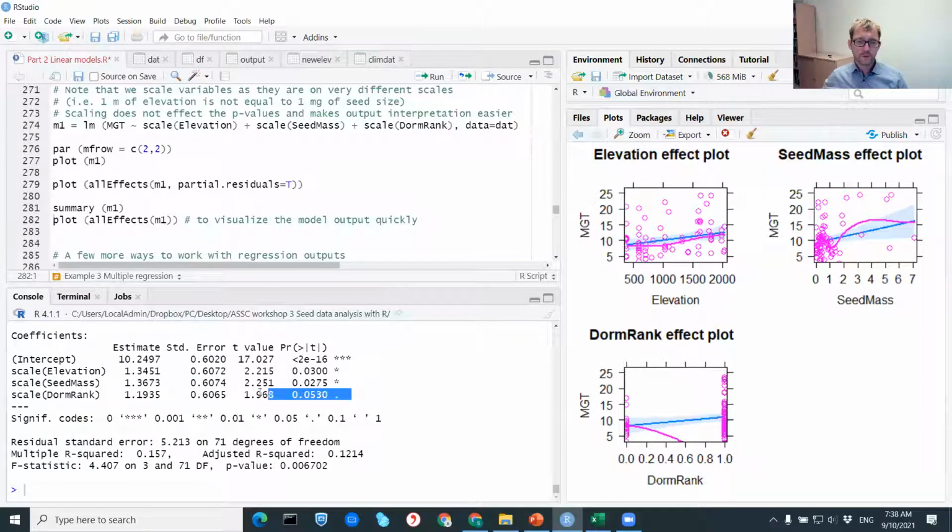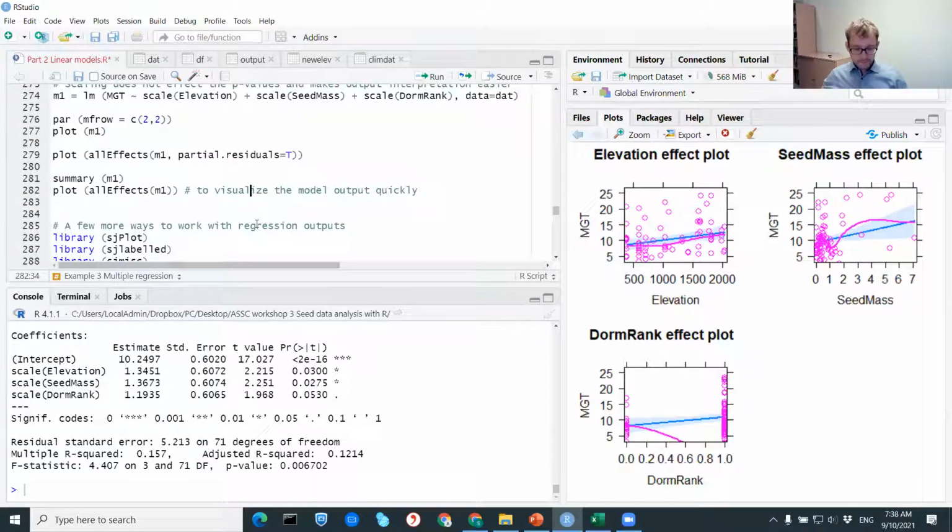Well, and there is a so-called marginal p-value, but I would be really conservative here, saying that the dormancy is not really related to the mean germination time. There is one quick and handy way, because those estimates are kind of hard to interpret.